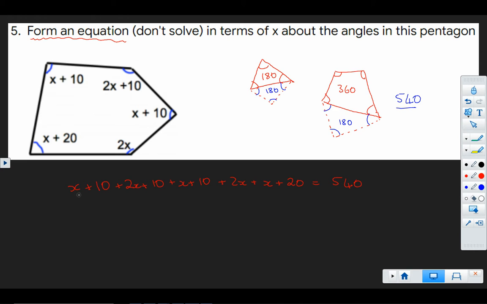And if I just gather my like terms here, so x, 3x, 4x, 6x, 7x, 7x, plus 10, 20, 30, 50, equals 540. And that's a suitable equation for us to form.